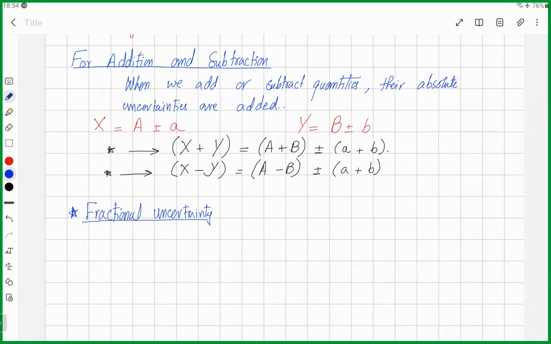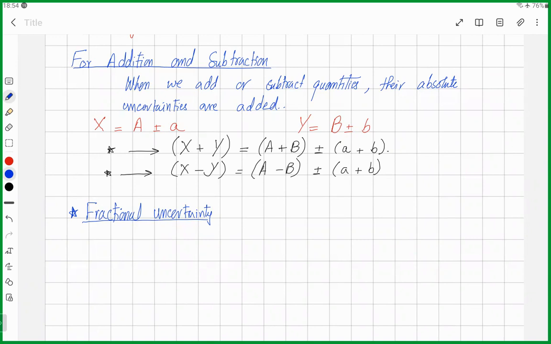But if you are measuring the diameter of an electric wire, which is only 0.5 millimeter, then a 0.1 millimeter error is a large error. So the same error can be a large error or a small error. So how would we know?